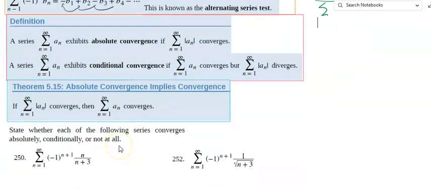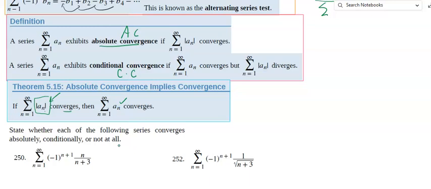Now, we're going to be dealing with this idea of absolute convergence or conditional convergence. And note, given a series, if the series of the absolute value converges, then the series of the original converges. It's very hard for an absolute value to converge. Now, let's talk about what it means to be absolutely convergent.